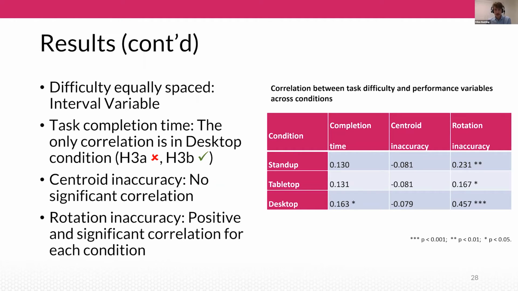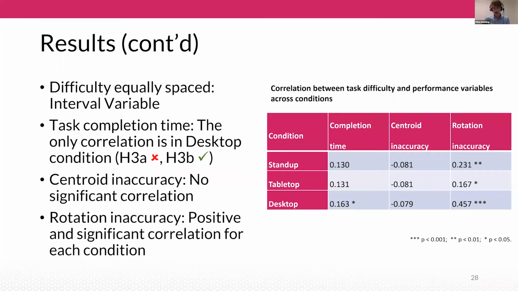Since all those differences between the tasks are equally spaced, we can just look at the correlation between task number and the performance metric. In the table, you can see those correlations.